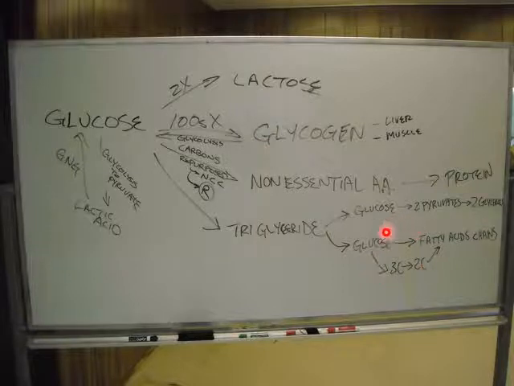We focus on the acetate to make our fatty acid chains. So glucose making that some way, shape, or form. So that's an example of where does glucose go. So that's one way to take an input and trace all the different pathways that it might go.